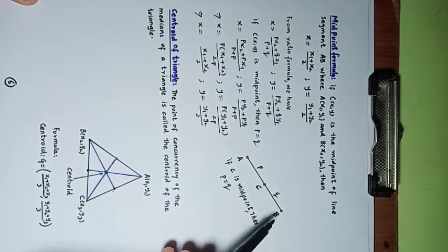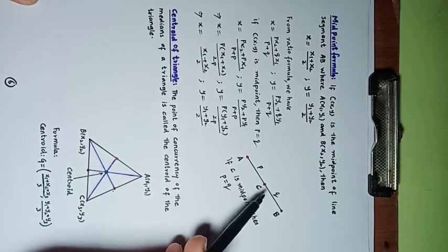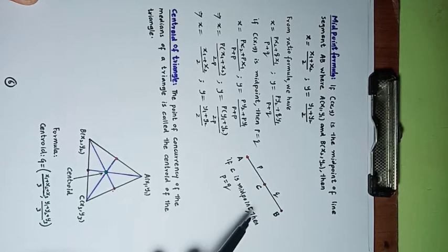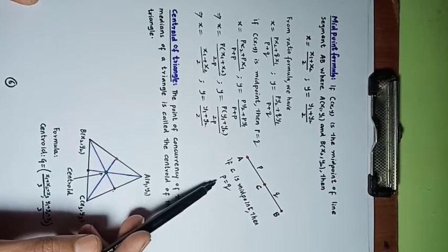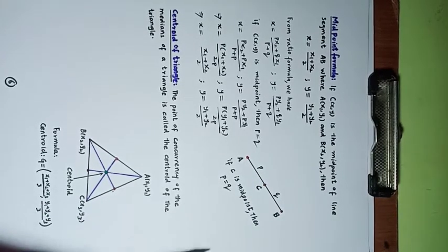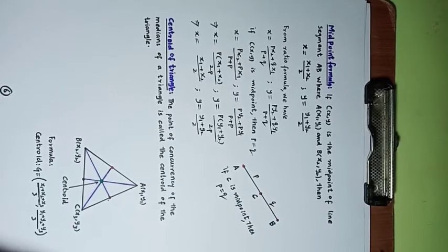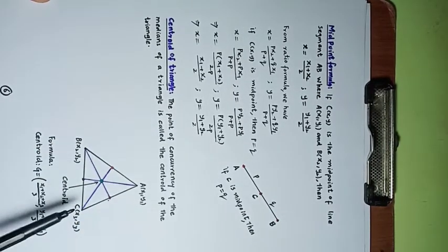AC is equal to CB. You observe that AC is P and CB is Q. When we say that AC is equal to CB, it shows that P is equal to Q. So if C is the midpoint, then P is equal to Q. And when C is the midpoint, we call this the midpoint formula.